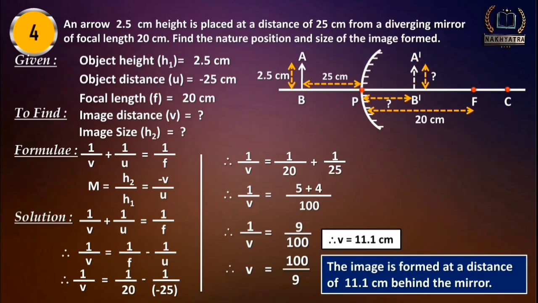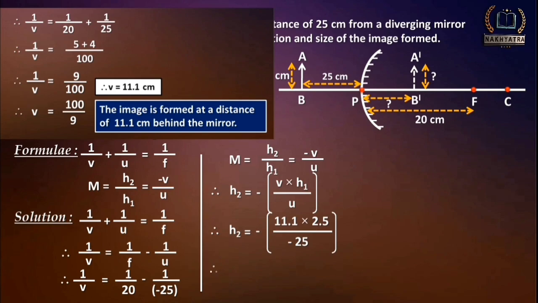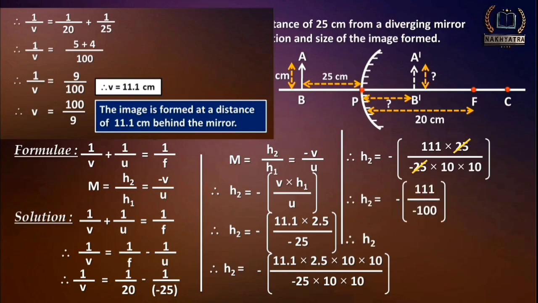Next, to find the height of the image we will use the magnification formula. Therefore h2 equal to minus v into h1 by u. Now let's do the calculation. After doing the calculation, we will get height of the image h2 equal to minus 1.11 cm.